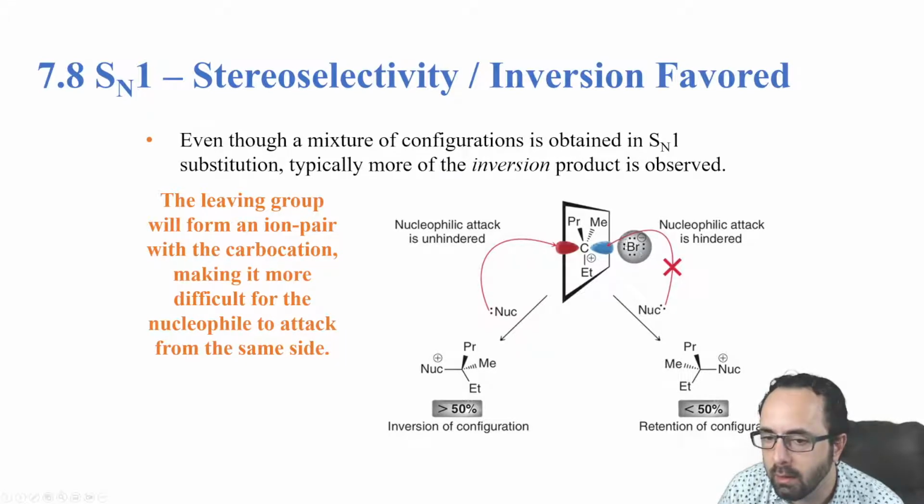So there's going to be a short time blockage by the leaving group on one side while it's leaving, and so it blocks the nucleophile from attacking a little. So usually we have a little bit greater than 50% of the inverted configuration, and a little bit less than 50% of the retained configuration, because it's slightly more difficult to attack on the same side that the leaving group is leaving, but not impossible like it is in SN2.